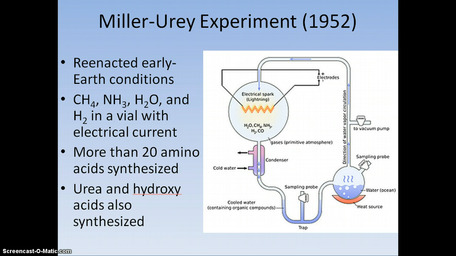So it's energizing those chemicals, and then there's hot water provided going through. And through this method, they discovered more than 20 amino acids could be synthesized. And they also discovered other organic compounds, such as urea and hydroxy acids.